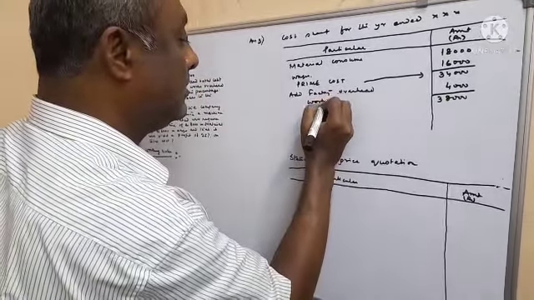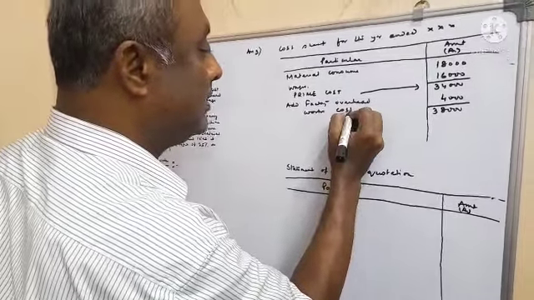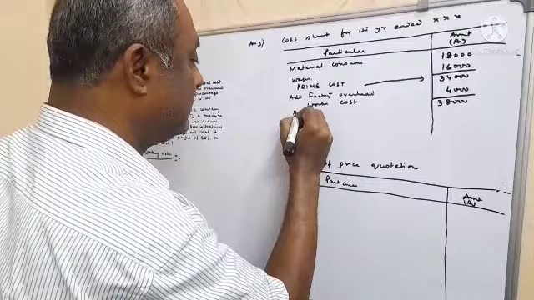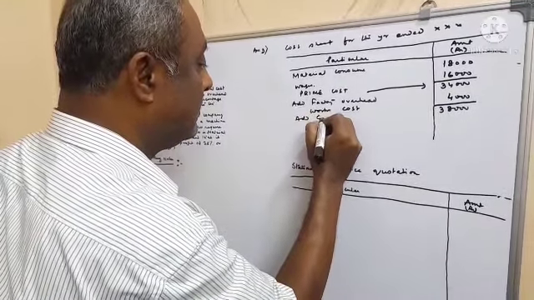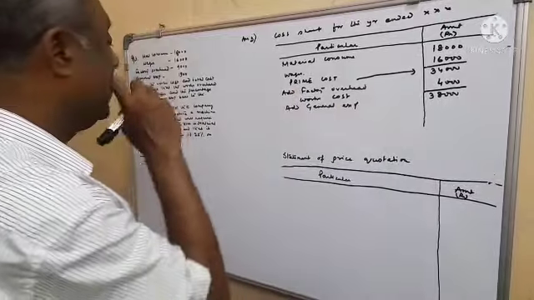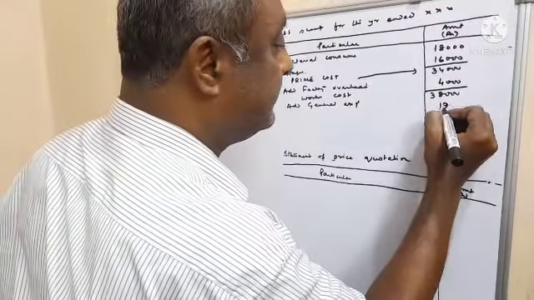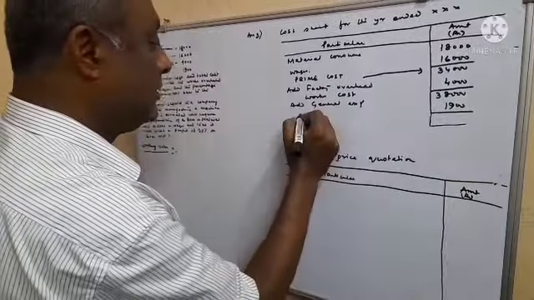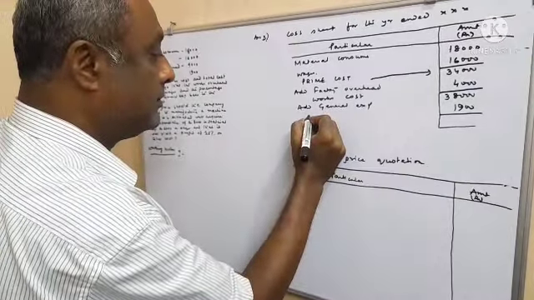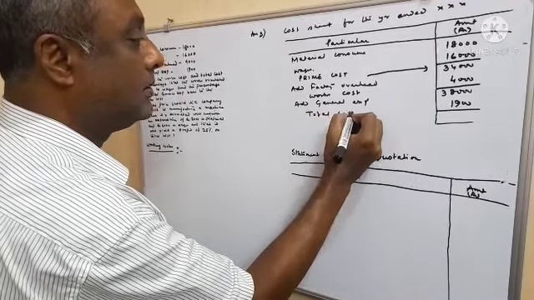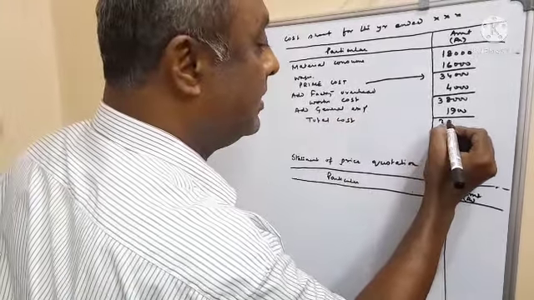Work cost 38,000. General expenses 1,900. Total cost 39,900.